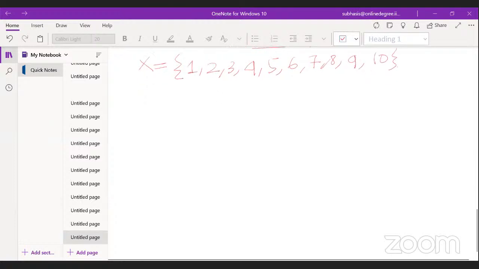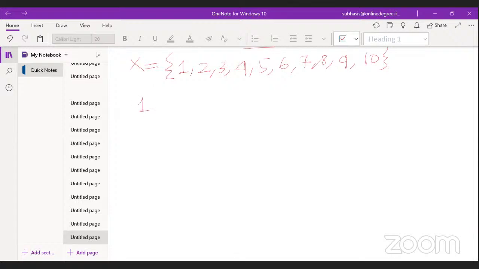Now I'll pick one element. Suppose I pick 1. I'll try to find all the elements in the set X such that 1 is related to A, right?